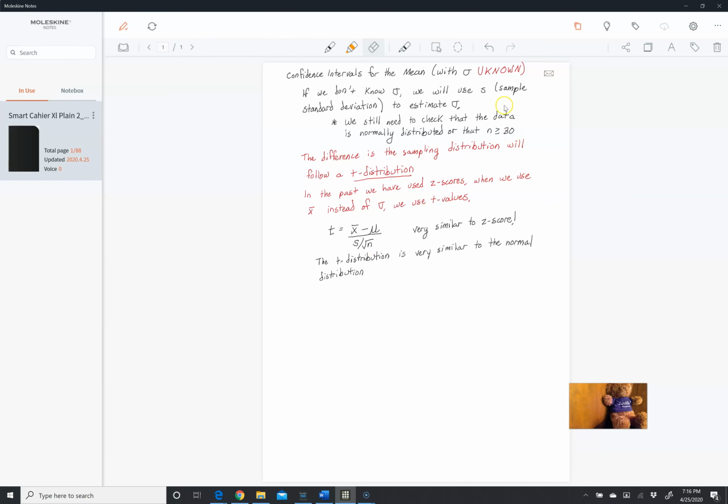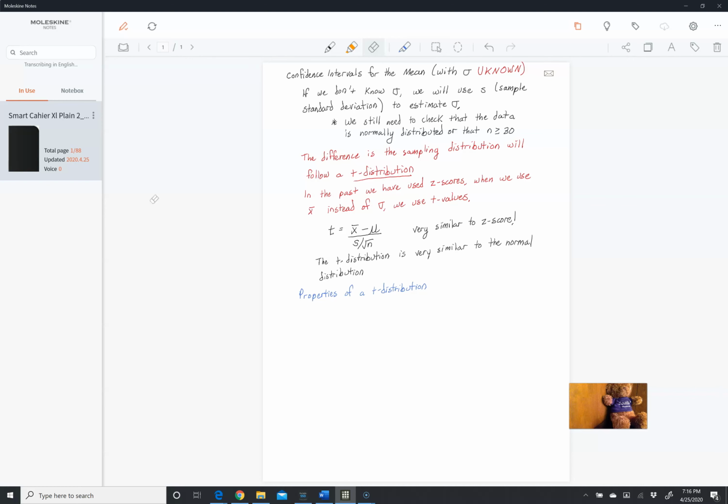Okay, so once again, let's stick this in a different color because this is important in order to understand what's going on. So these are the properties of a t-distribution. And there are a lot of them, but so many of them are just comparing it to the normal curve.